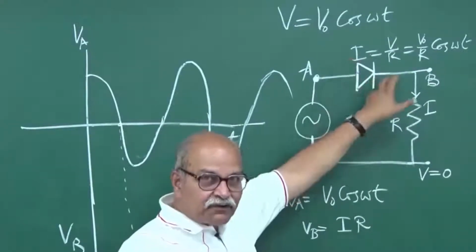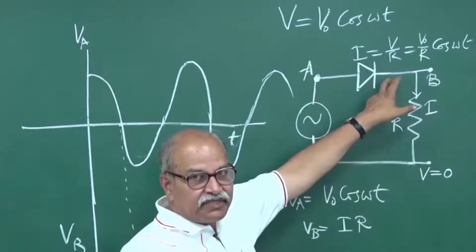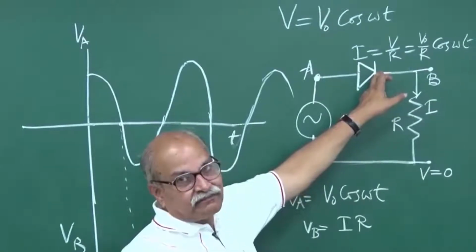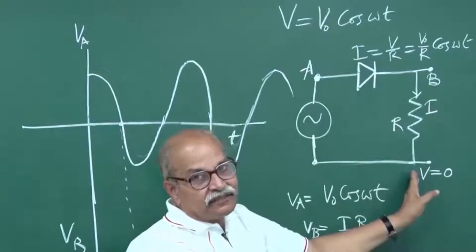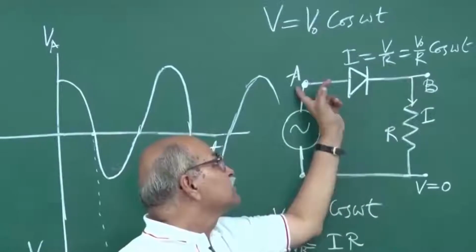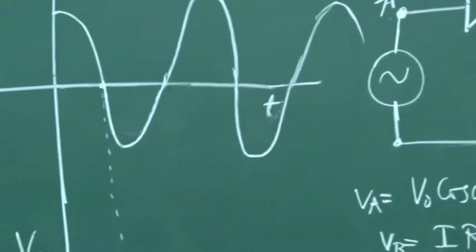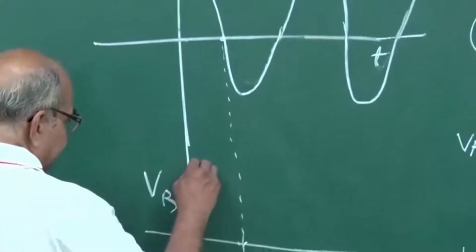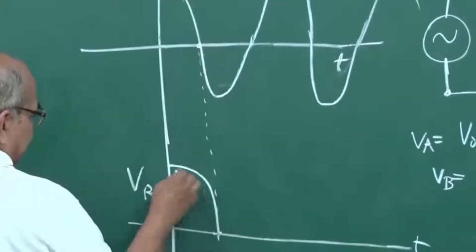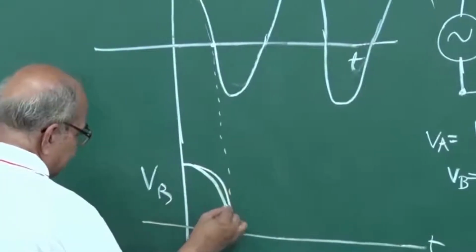In our approximation we take the forward biased resistance to be negligible, so it is just a short circuit. This portion is shorted, you just have a wire. So your VB will be the same as VA, and you will have this part, the same story. I should copy paste here, but I cannot do that. So just like that.